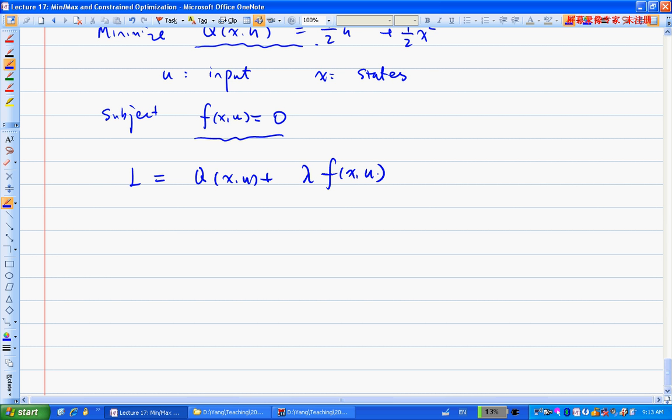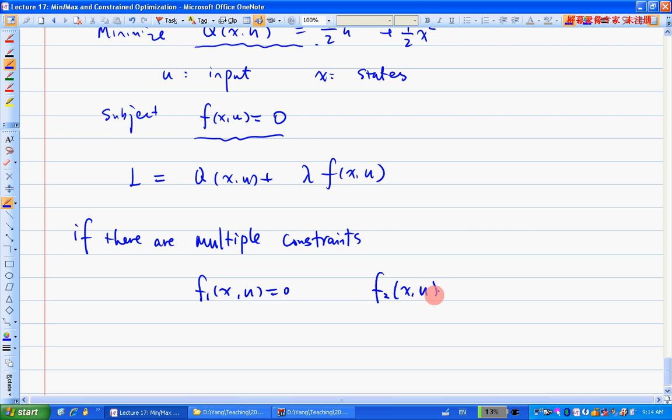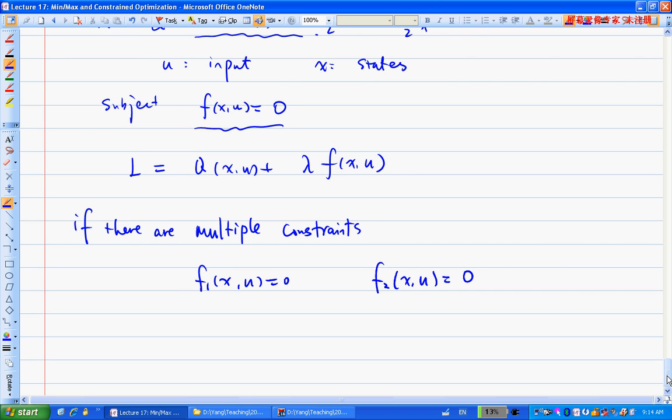Multiple constraints. What does that mean? That basically means that instead of just one constraint, I have f1, f2, actually I used g before, but you know what I'm saying here, maybe up to fn.